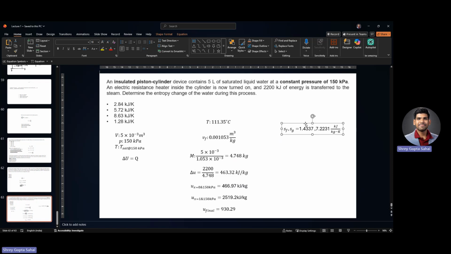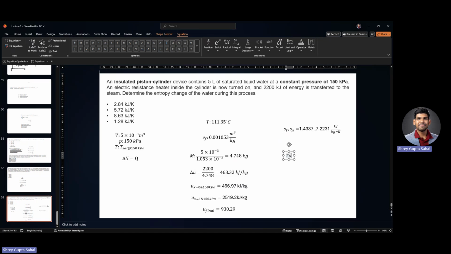Entropy increases if you supply heat at a constant pressure. So how can I say that entropy will increase? I will invoke PdV.